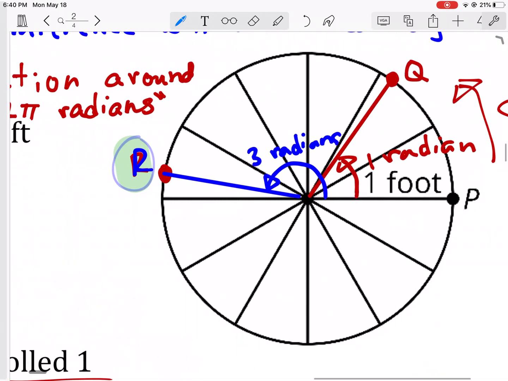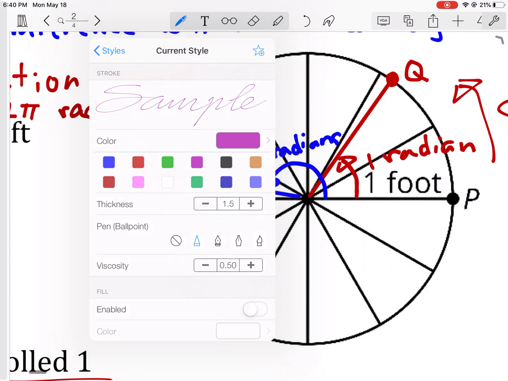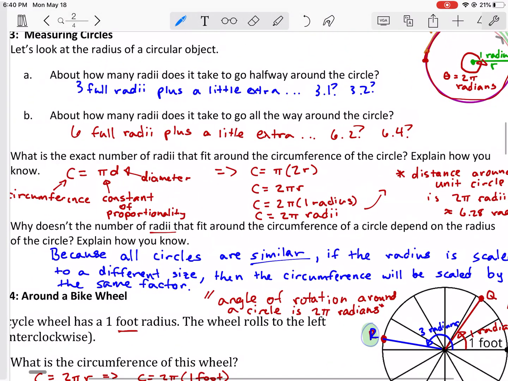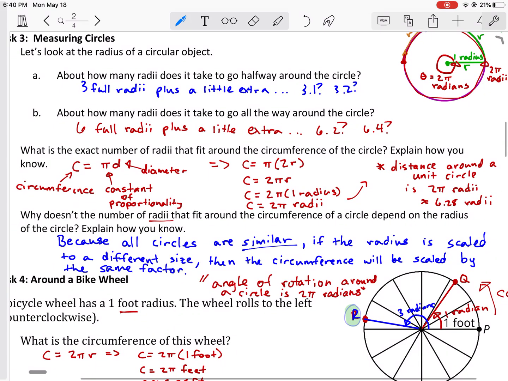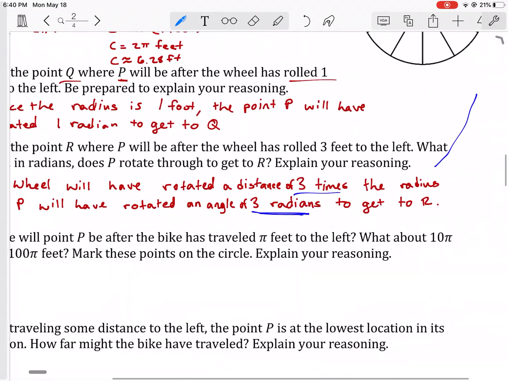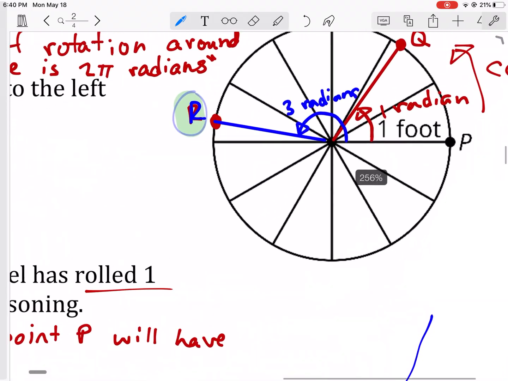Alright, this time, pi feet, well in the previous example, we decided that halfway around was about 3 full radii plus a little extra. Well, that seems like it's coming to approximately pi, 3.14. So that little extra change that we had was about 0.14. So this would be our new point.